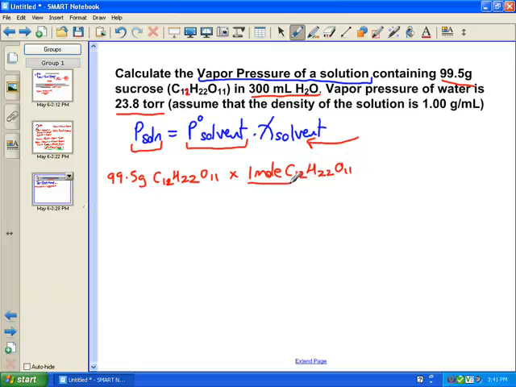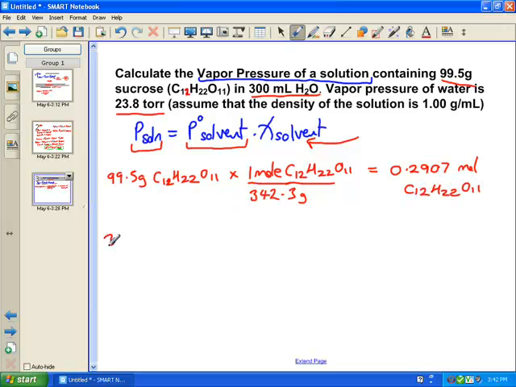In 1 mole of that, if we add up all our atomic weights, we get 342.3 grams of sucrose. When we do that calculation, we end up with an answer of 0.2907 moles of sucrose. That's good because we need moles of our solute, which is what we've got, but we need moles of our solvent as well.